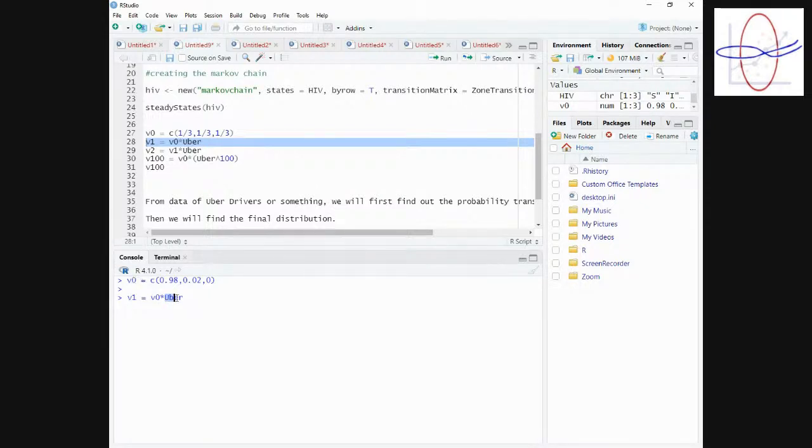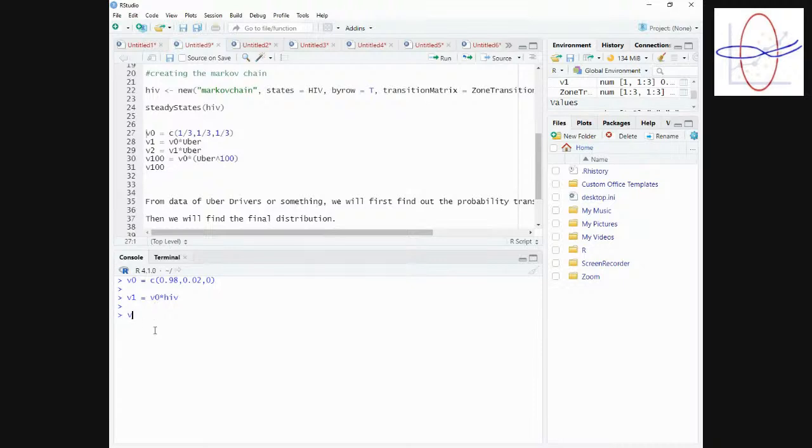Now we are multiplying it with this transition matrix. If you want to write, v0 is the pi 0, then this is v pi 1. It is a new vector, a new probability we have got by multiplying with this.